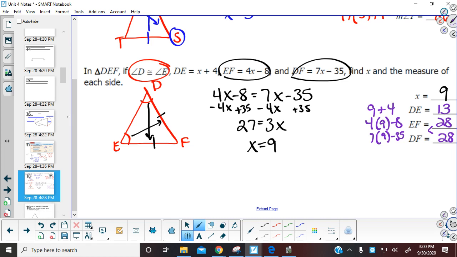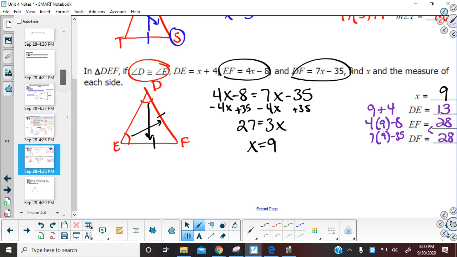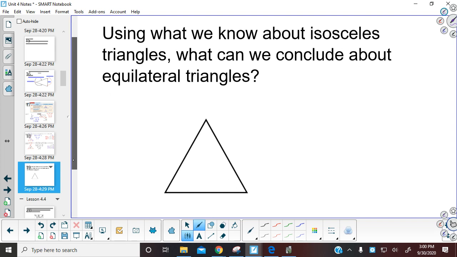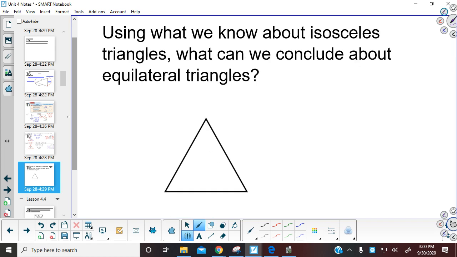All right, last thing here. If we look at this next slide, it says, using what we know about isosceles triangles, what can we conclude about equilateral triangles? Well, we know, based on the definition of equilateral, that we have sides that are congruent. Based on what we know about isosceles triangles, if we have sides that are congruent, this angle is going to be the same as this angle, and then also as this angle.